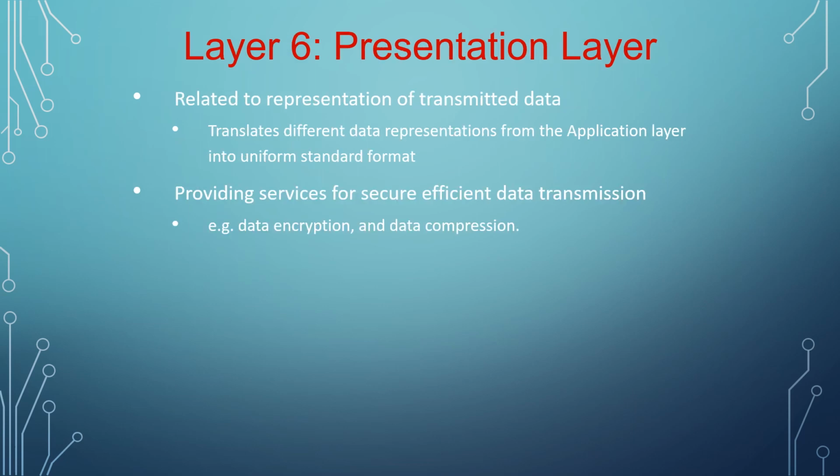Next to the application layer is the presentation layer. The presentation layer receives data from the application layer in the form of characters or numbers. The presentation layer converts the characters and numbers into machine understandable binary format. The presentation layer secures the data transmission, for example data encryption and data compression.